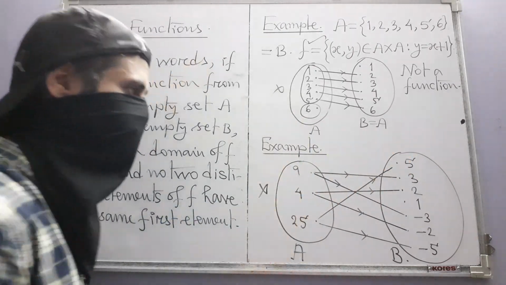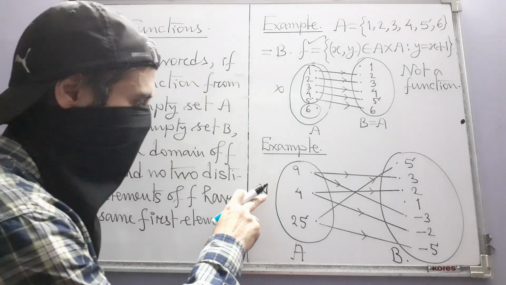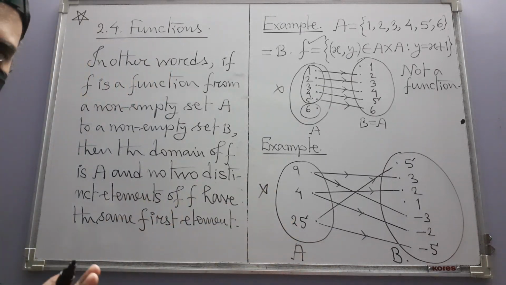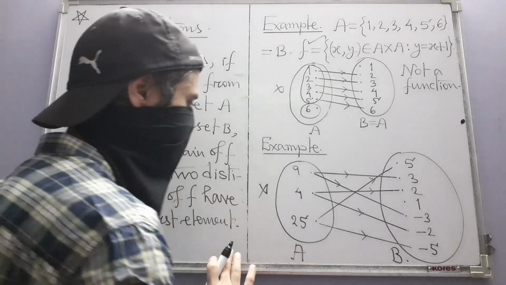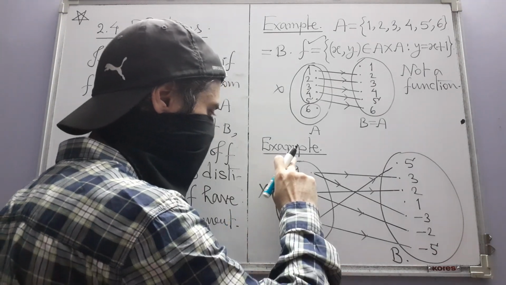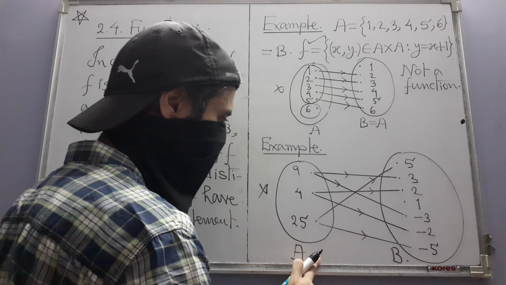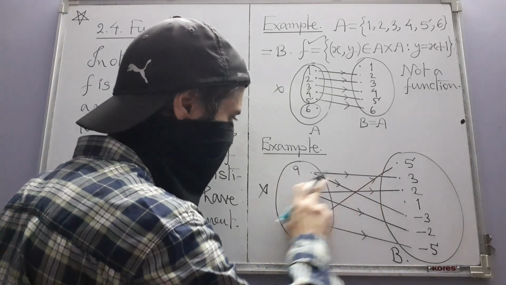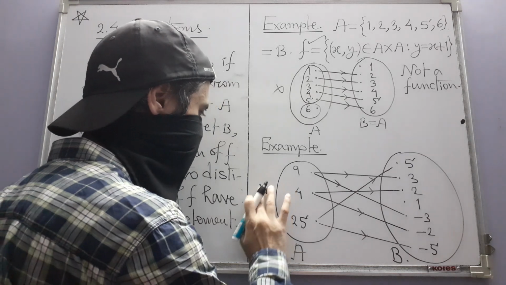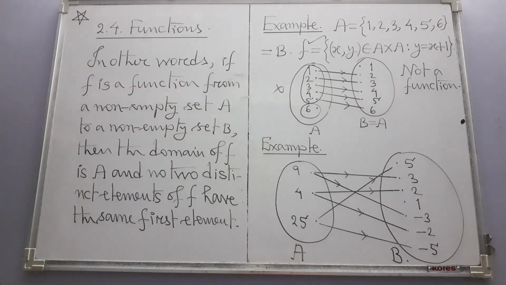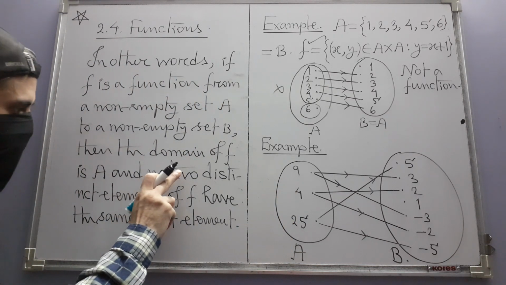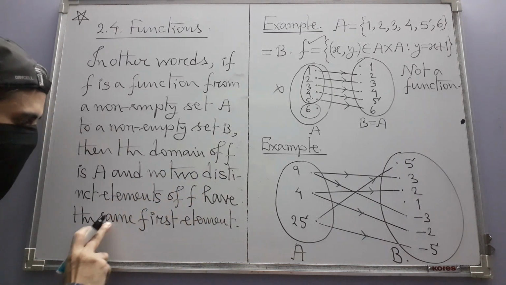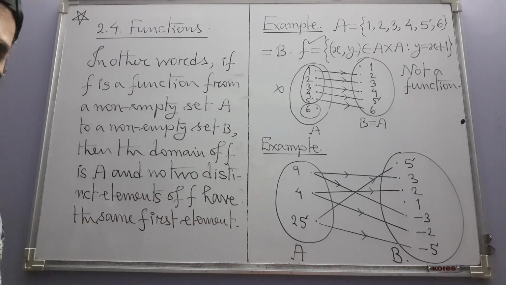So in the hope of getting an example of a function, say one looks at this example instead. We of course already know this one is also not a function, but let's just go ahead systematically. First we check whether the relation here has domain A. Yes, it has. The arrows are going out from all the elements. Fine. Next, no two distinct elements of f have the same first element.